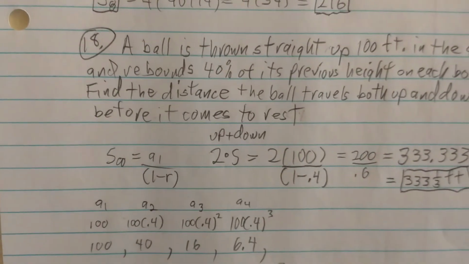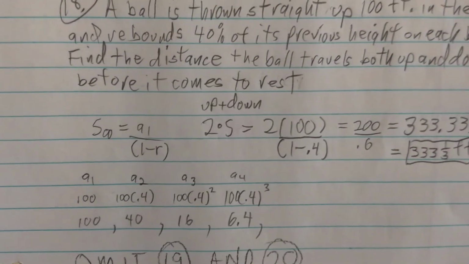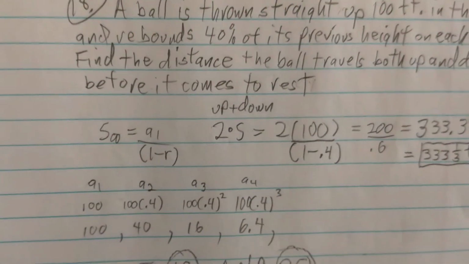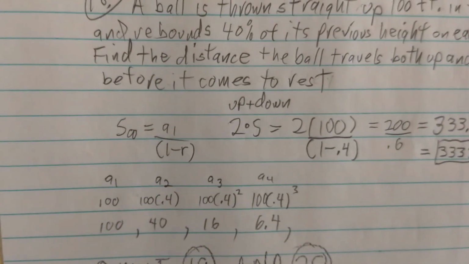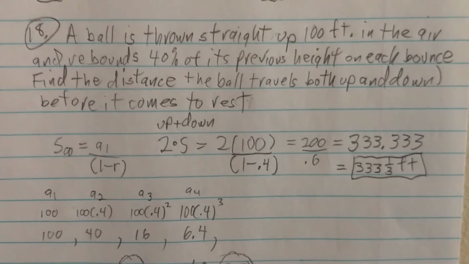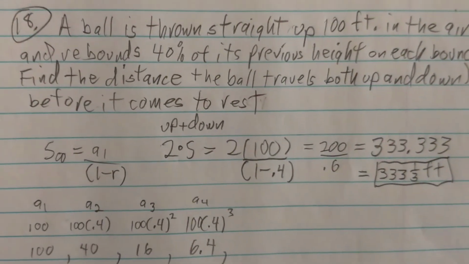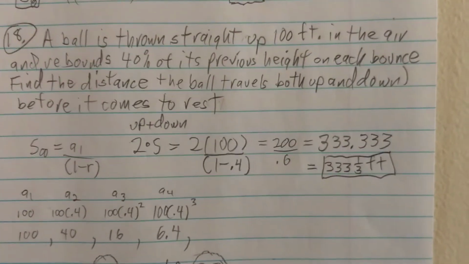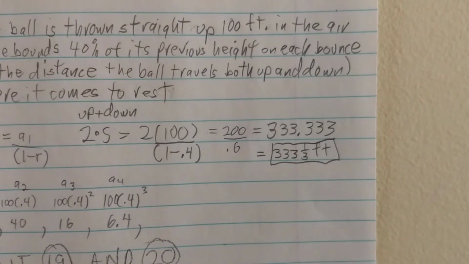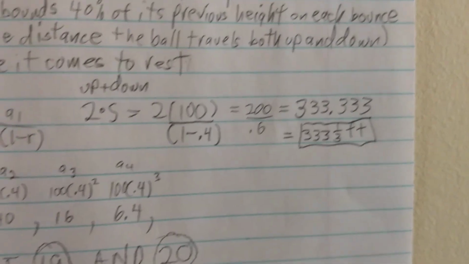S infinity, which is what we want when it comes to rest, is a sub 1 over 1 minus r, but we want to count both up and down, so we need 2 times that sum, which will be 2 times 100 over 1 minus 0.4. 0.4 is the rebound height, and that comes to 200 over 0.6, or 333.333, which is really 333 1/3 feet.